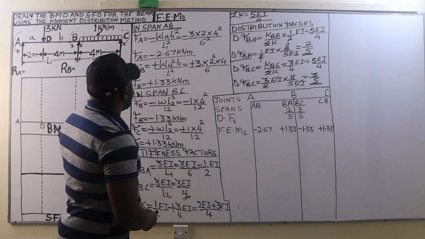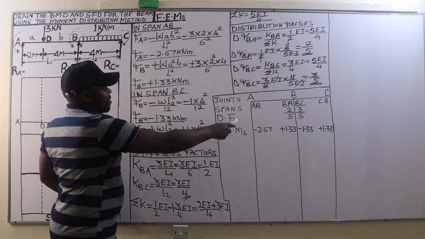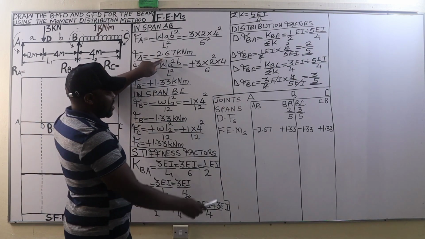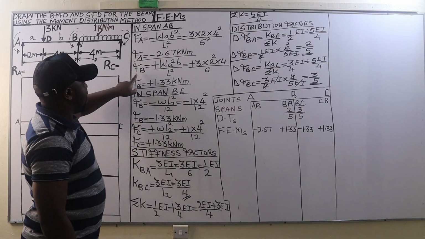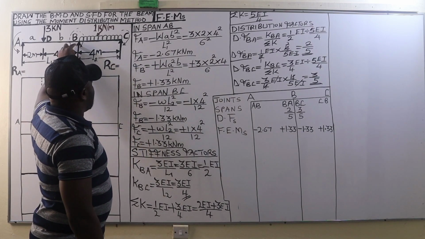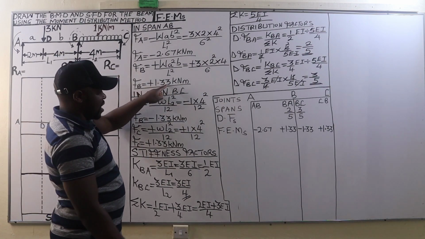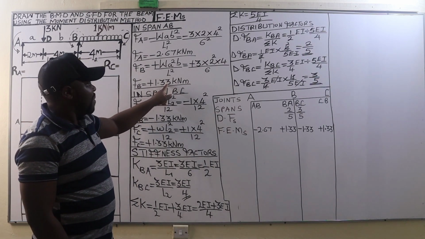On the span AB, the fixed end moment at A is negative 2.67, and on the joint B, the fixed end moment is 1.33, which is positive, a clockwise fixed end moment.